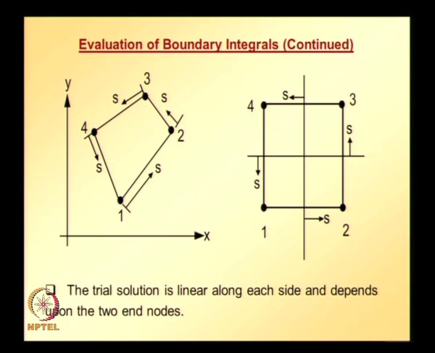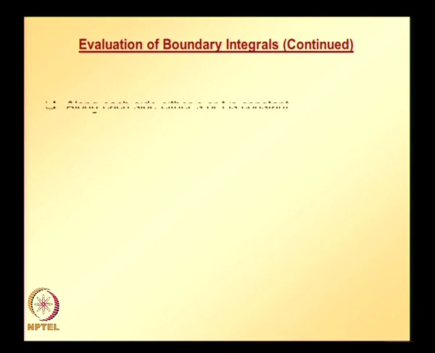You can also notice that the trial solution is going to be linear along each side and depends on only the two end values. So, along each side either S or T is constant.